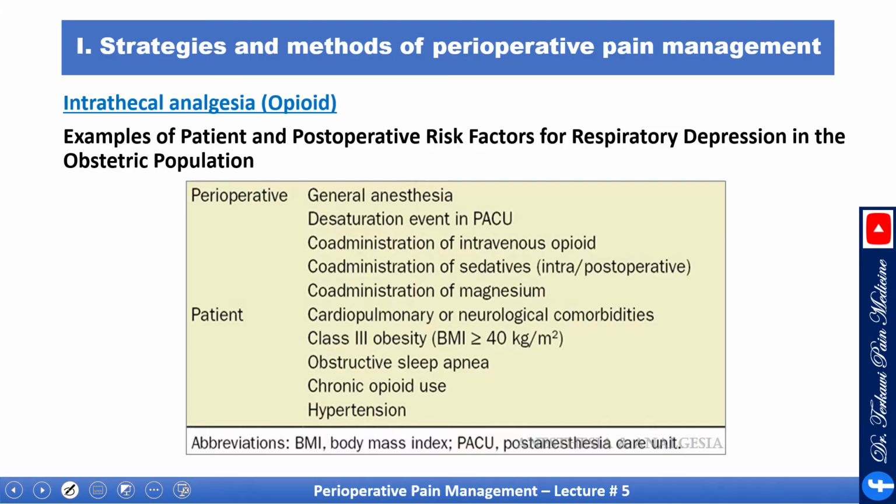So perioperative general anesthesia, desaturation in PACU, co-administration of IV opioids, co-administration of sedatives, co-administration of magnesium, patients with cardiovascular or neurological comorbidities, obese patients, patients with OSA, patients with chronic opioid use, and patients with hypertension, all of which are risk factors for respiratory depression with intrathecal opioid.